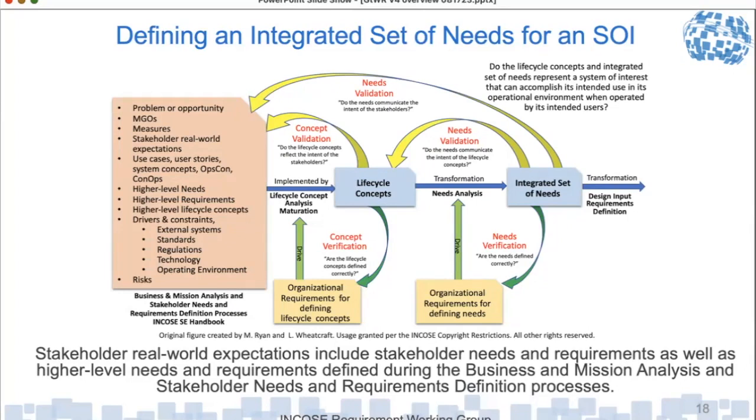And then we validate those needs back against the inputs, which include validating against the stakeholder needs and requirements. And then we also verify that we've written the needs properly per the organizational rules for that. The stakeholder real world expectations include stakeholder needs and requirements, as well as higher level needs and requirements defined during the business mission analysis and stakeholder needs and requirements definition processes as defined in the INCOSE Systems Engineering Handbook and 15288.